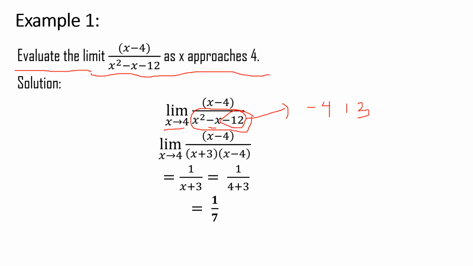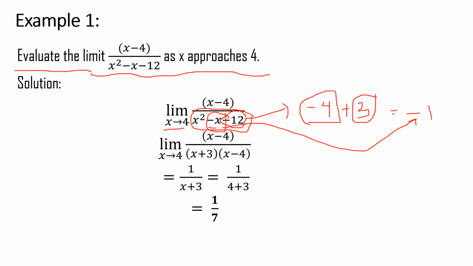Once we add these two, that will be equal to negative 1. So we satisfy this condition if we adopt negative 4 and positive 3 as factors of negative 12, once we're asked to simplify this denominator. That's why we came up with x minus 4 over x plus 3.